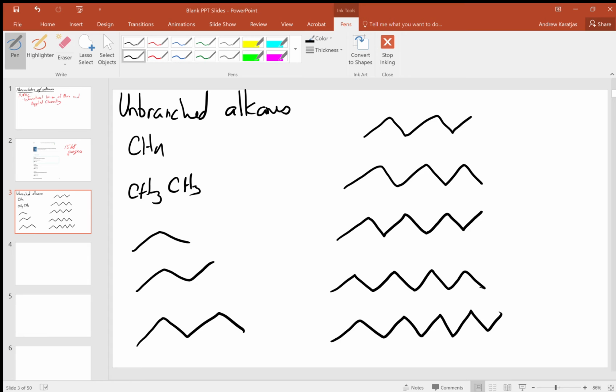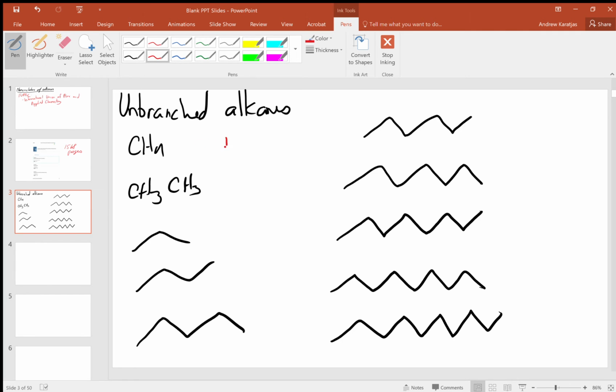So here's the first 10. Obviously we can keep going as many carbons as you can draw. But this is a list of names that we just need to memorize. And actually once we get above 4 they get pretty easy.